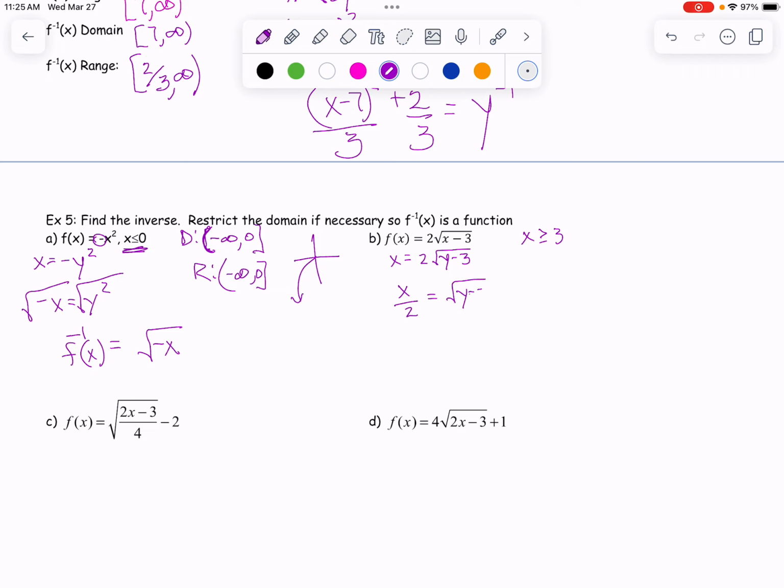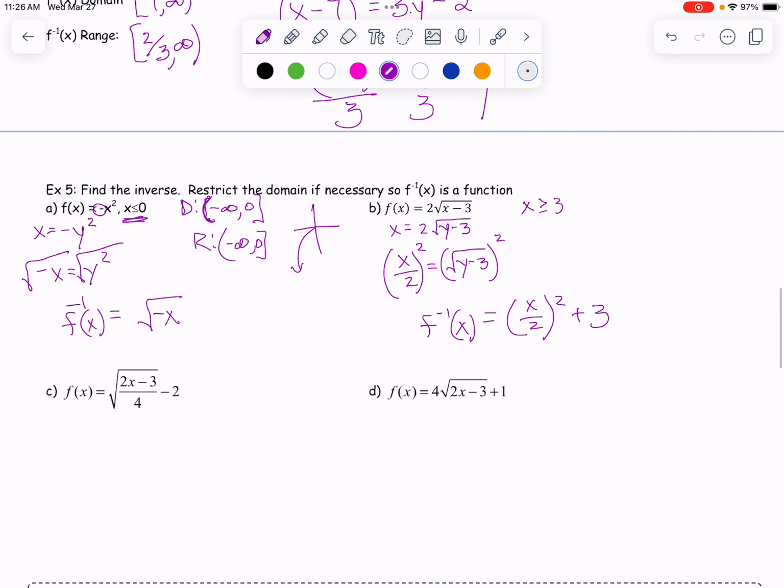I have to square and add 3. So my function is this. And you can see that it's been moved. Your range here would be y is greater than or equal to 0.